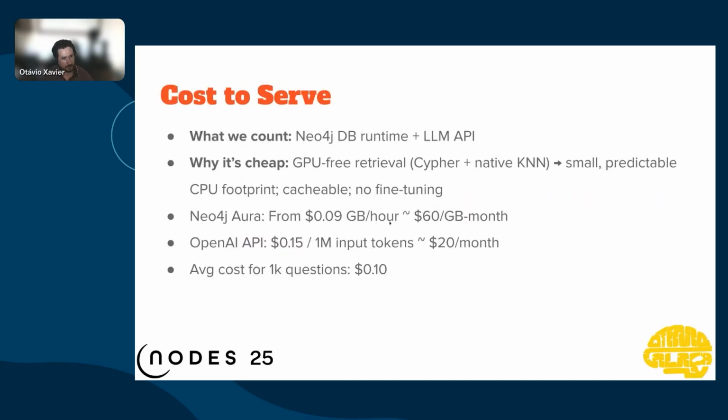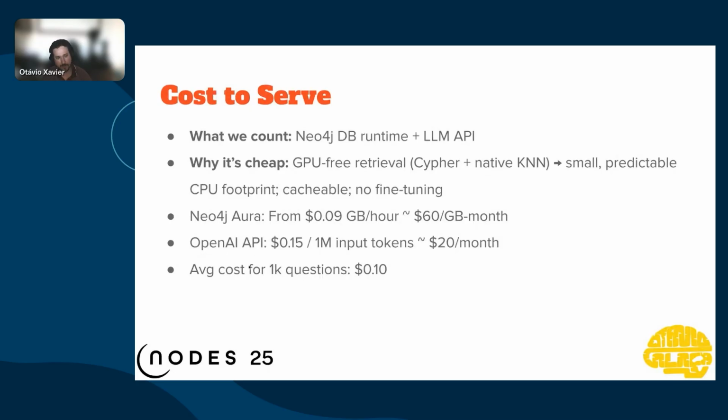Talking about costs, in this example, I've used Neo4j AuraDB, and the version I've used is free, but if you are going professional, it is 9 cents per hour, around $60 per month.